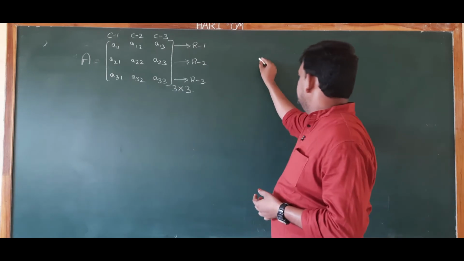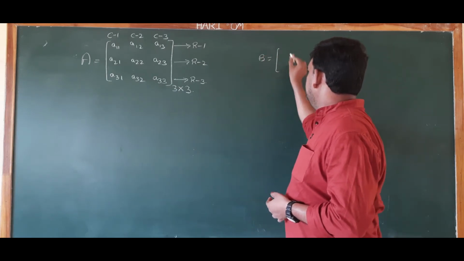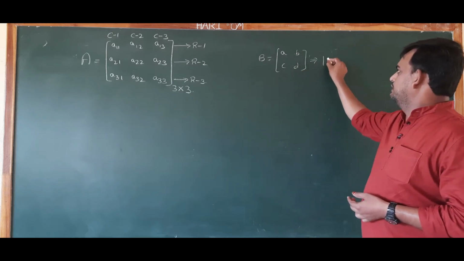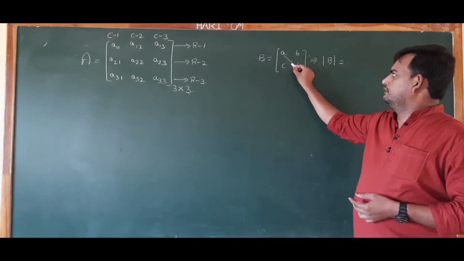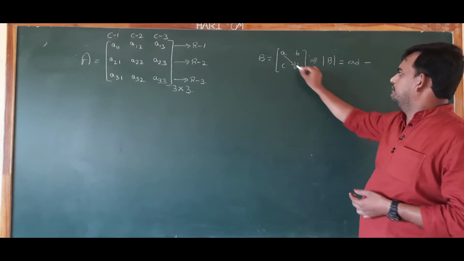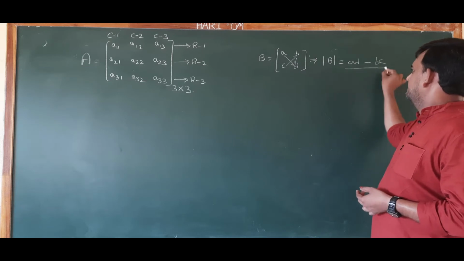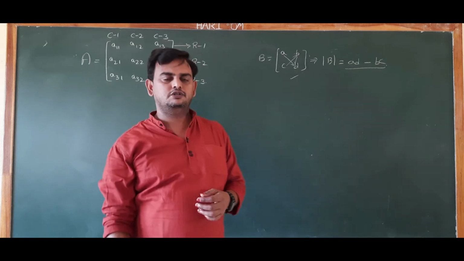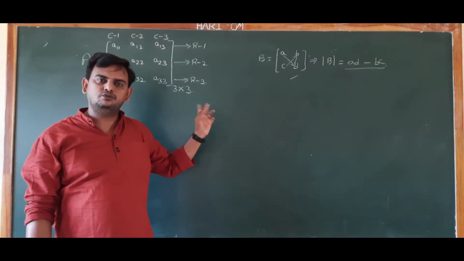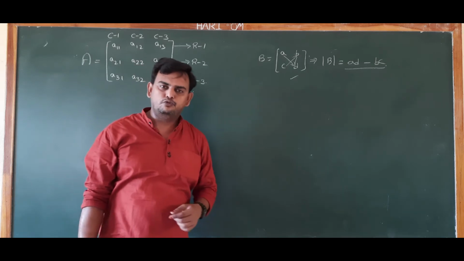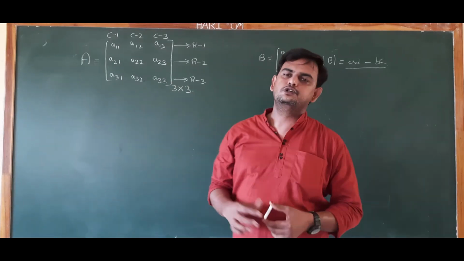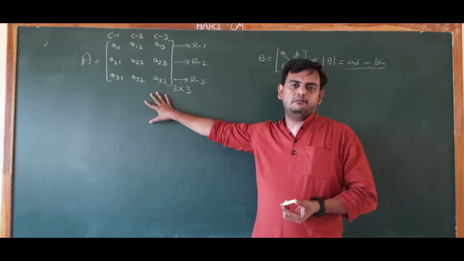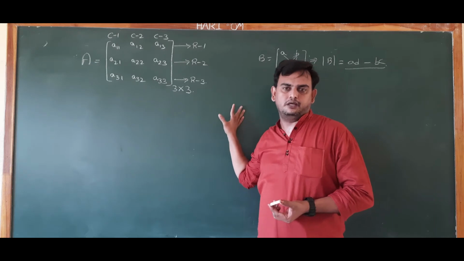In our previous class, we discussed how to find the determinant of a 2 by 2 matrix very easily: it is AD minus BC. So once the 3 by 3 matrix is converted into 2 by 2 form, it is very easy for us to simplify.